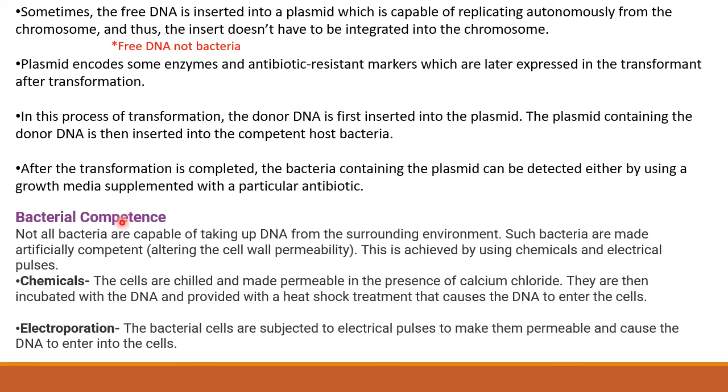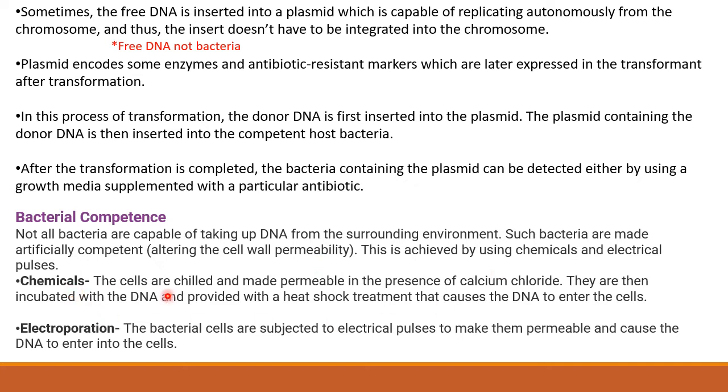Now about making your bacterial cells competent, or bacterial competence. Not all bacteria are capable of taking up DNA from the surrounding environment. So such bacteria are treated artificially, that is, we alter their cell wall permeability. This is achieved by using some chemicals or electric pulse.